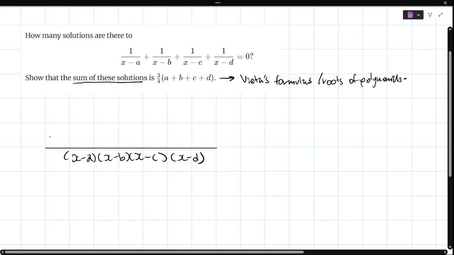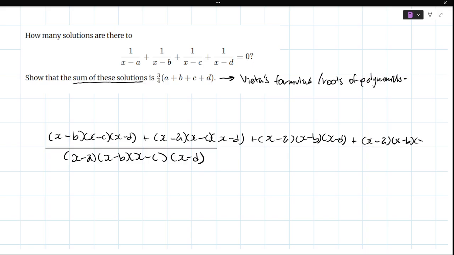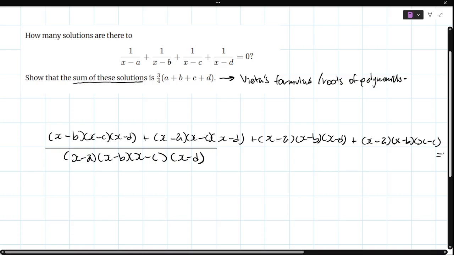So at the end, this is going to look like something like this: x minus b, x minus c, x minus d, plus x minus a, x minus c, x minus d, plus x minus a, x minus b, and x minus d, and lastly plus x minus a, x minus b, and x minus c, all equal to 0.